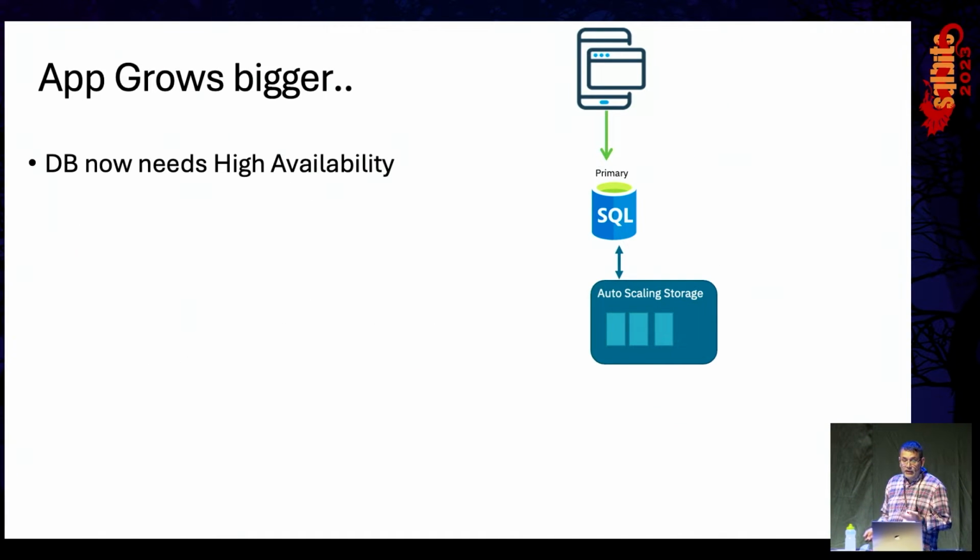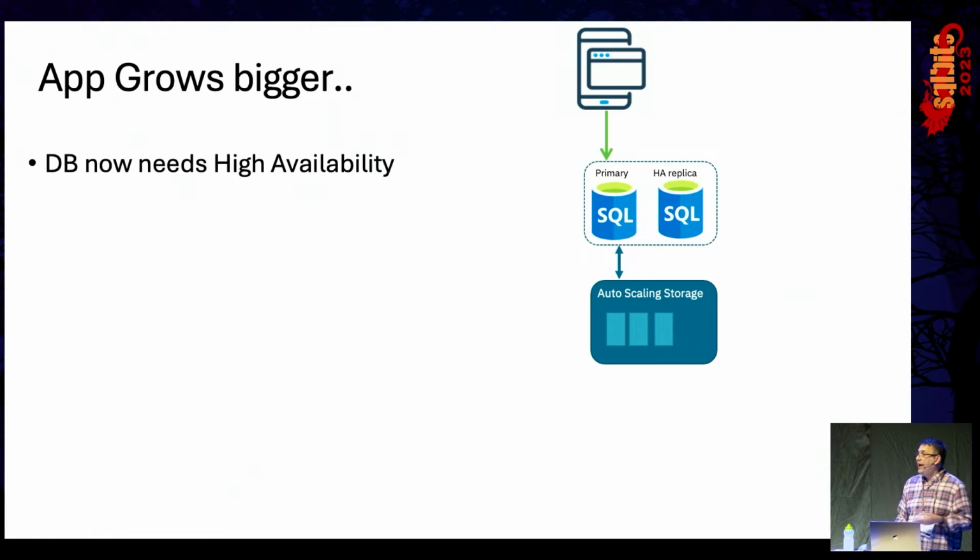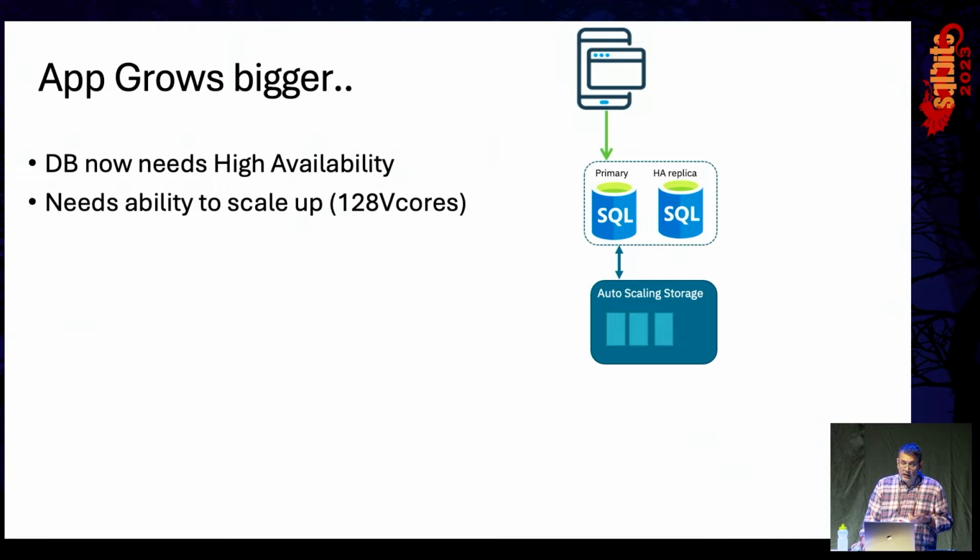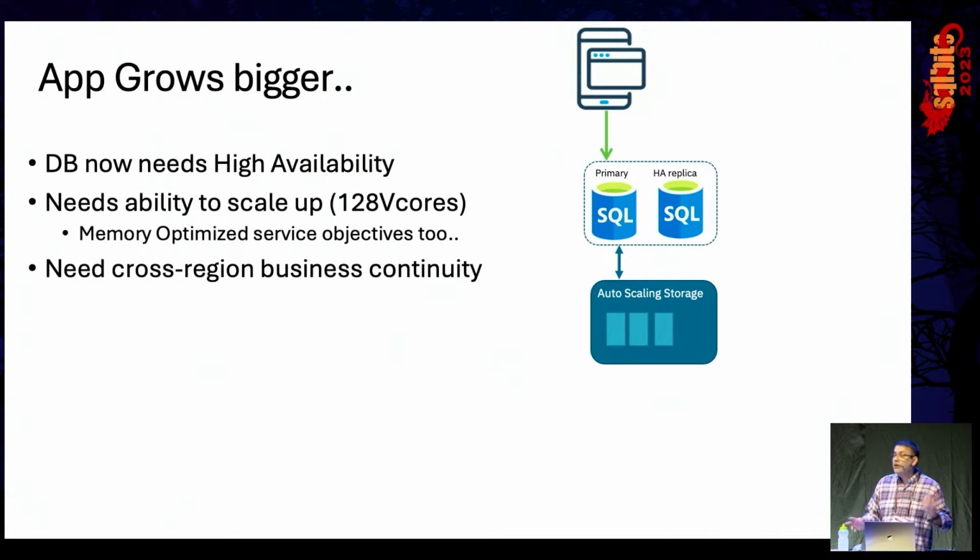As the application grows bigger, if you're talking about multi-tenant within a database and that's the pattern you want to go, if you need high availability, we have the ability to add replicas with HA replicas. We also have new things called memory optimized service objectives.